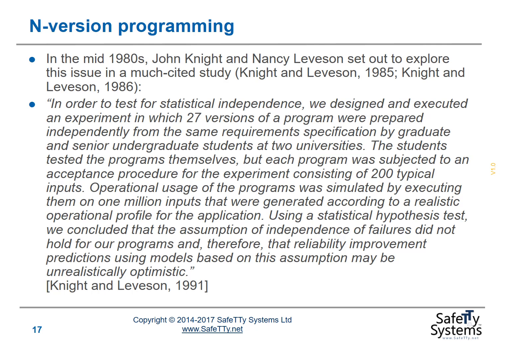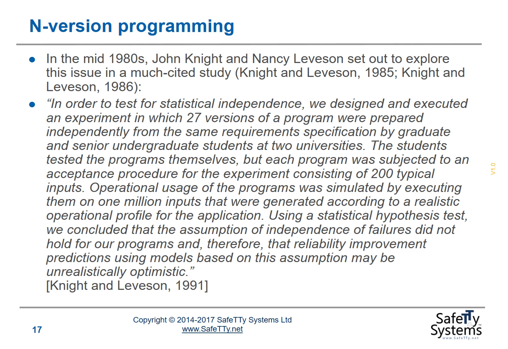In the mid-1980s, which is a long time ago, and yet a lot of people still think n-version programming is a good idea, John Knight and Nancy Leveson set out to explore this issue in a study that has been much cited ever since then. So what they did was to test for statistical independence.